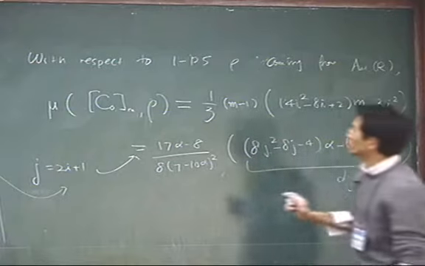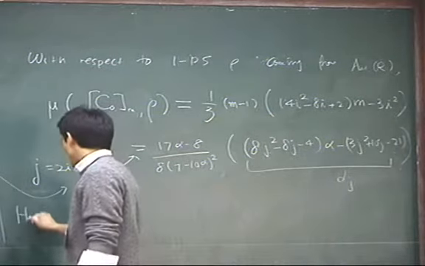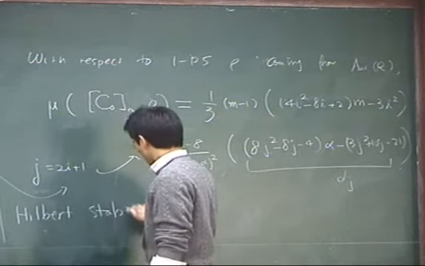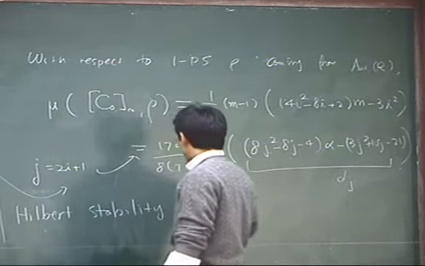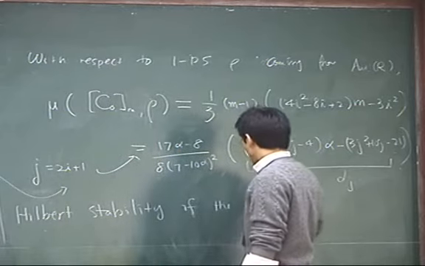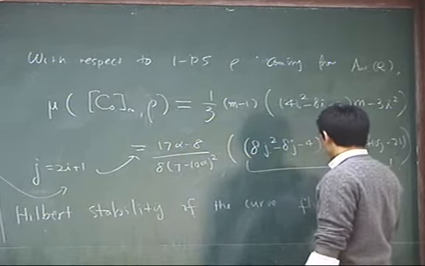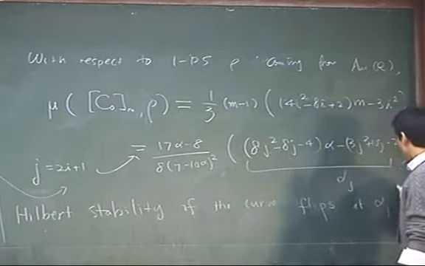So this means that the Hilbert stability of the curve flips, it's a bad word to use, at alpha j.